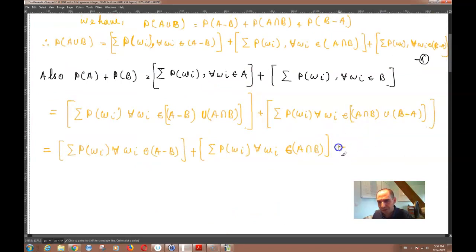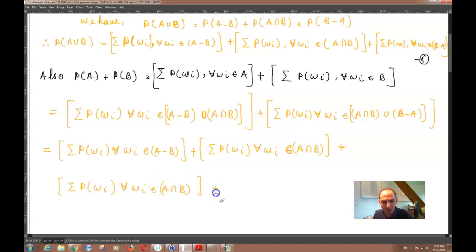So you can write this as, for example, sigma of P of omega of I for all omega of I belonging to the set, for example, A intersection B.